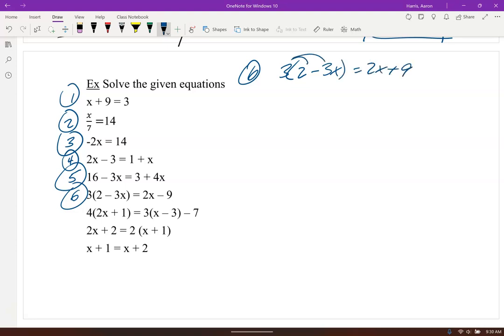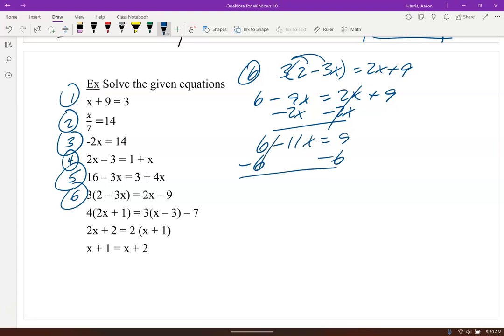Go ahead and distribute that first. So I got 6 minus 9x equals 2x plus 9. Get all your x's on one side. Get all your numbers on the other side. 9 minus 6 is 3. And then divide by negative 11. So negative 3 elevenths on that.